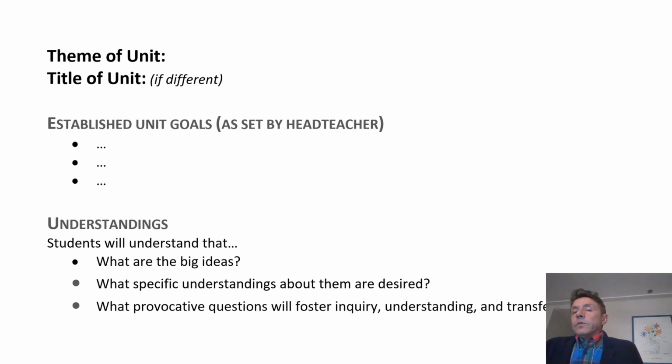But if they're both the same, you don't need to repeat it. You need to determine the established unit goals as set by the head teacher, because those should be your goals as well. And then it says understanding. Students will understand that, and then you complete.